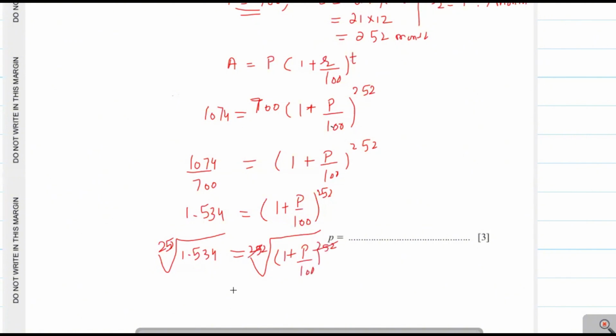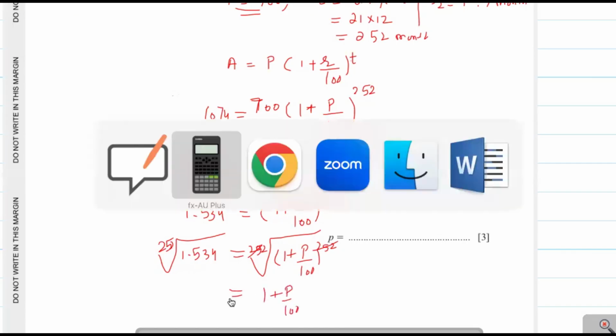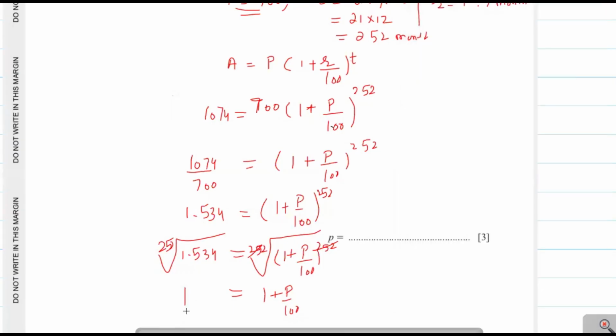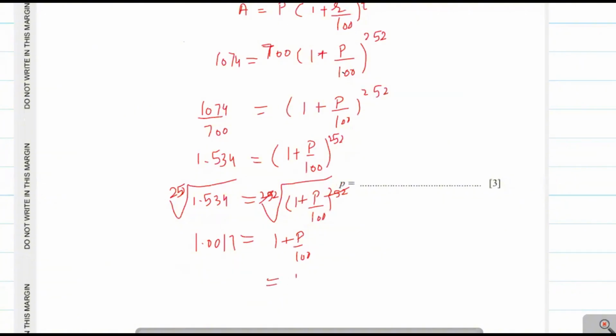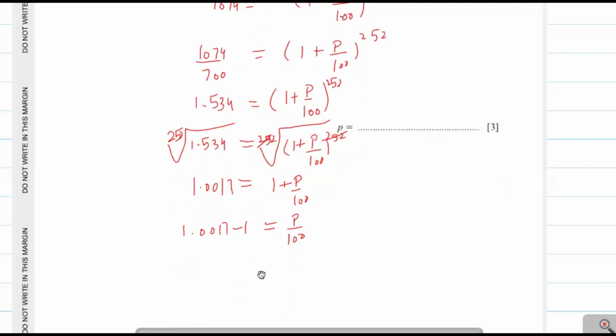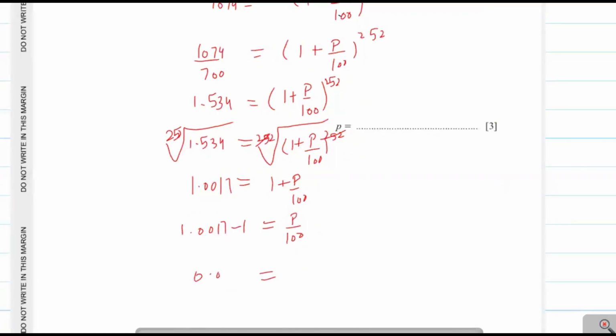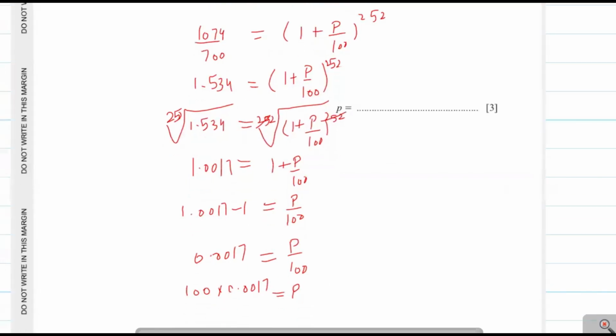This will be cancelled, and this value 1 plus P over 100 will be equal to the 252 root of 1.534, which is 1.0017, and we write P over 100 equal to 1.0017 minus 1, and this will be equal to 0.0017. P over 100, then P will be equal to 100 multiplied by 0.0017, and this will be equal to 0.17.